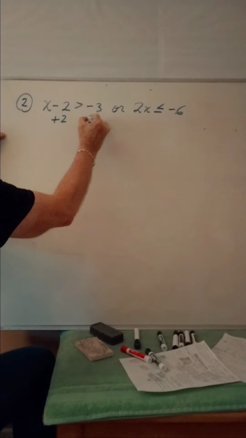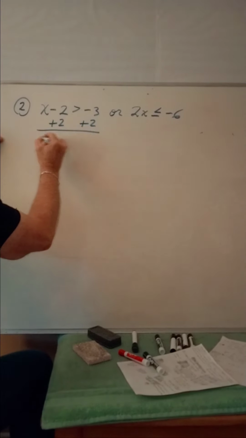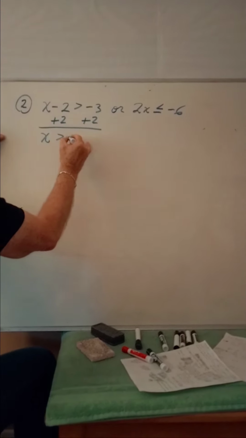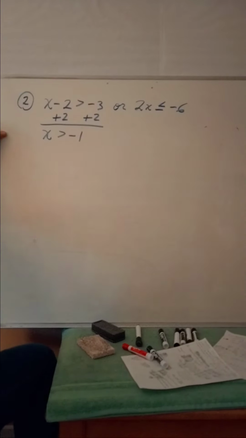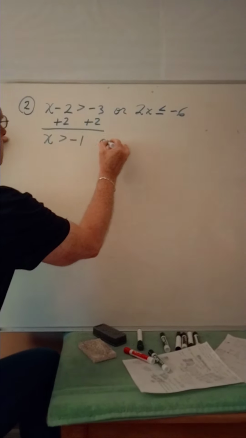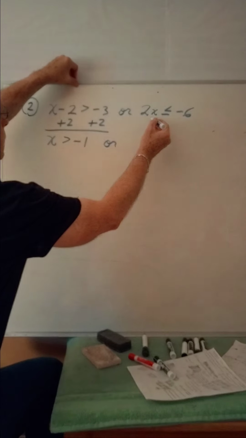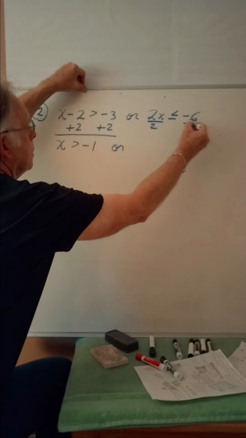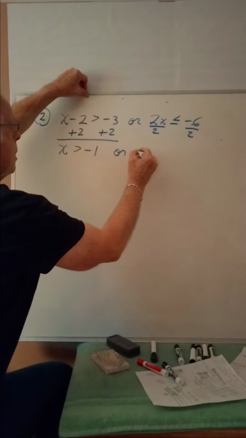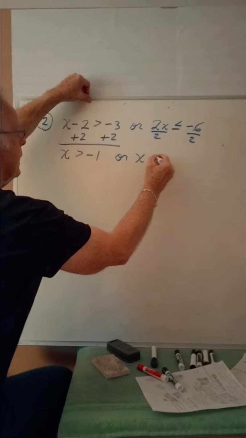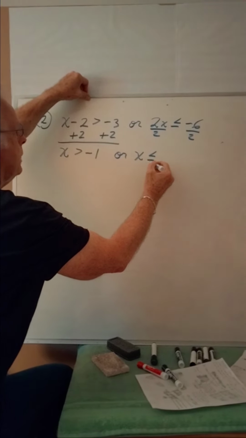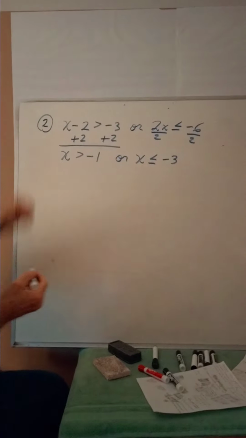Positive 2. Positive 2. x is greater than negative 1. Or, over here, over 2. Over 2. Or x is less than or equal to negative 3.